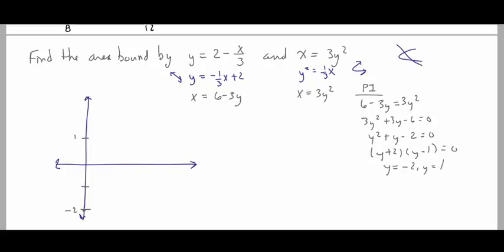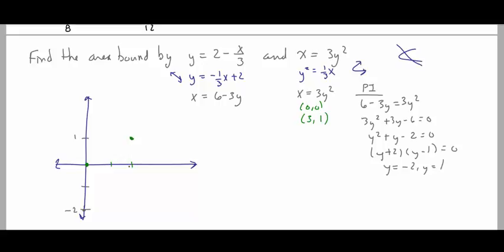I'm thinking that if we plug a 0 in, we get a 0 back out. So that's helpful. And it's opening to the right, so I think it's going to look like this. But let's go ahead and plug in a y equal 1. If we plug in y equal 1, 1 squared is 1, 1 times 3 is 3, I get x equal 3. So this would be the point 3, 1.